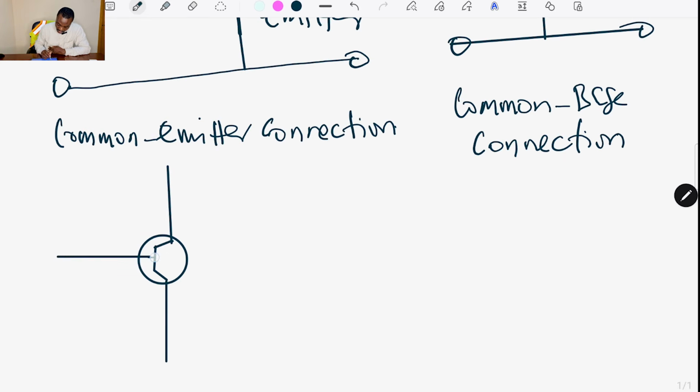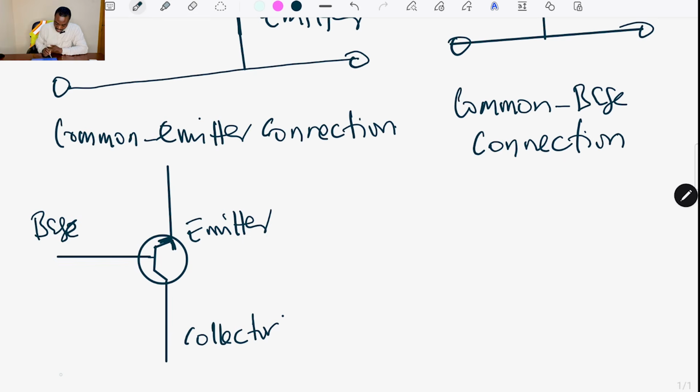So this time, I'm going to make this side be the emitter. So this is my emitter. And then here is my collector. And then here is the base.